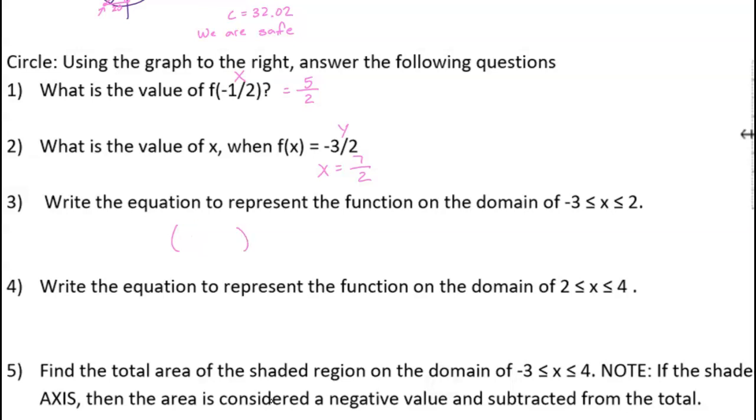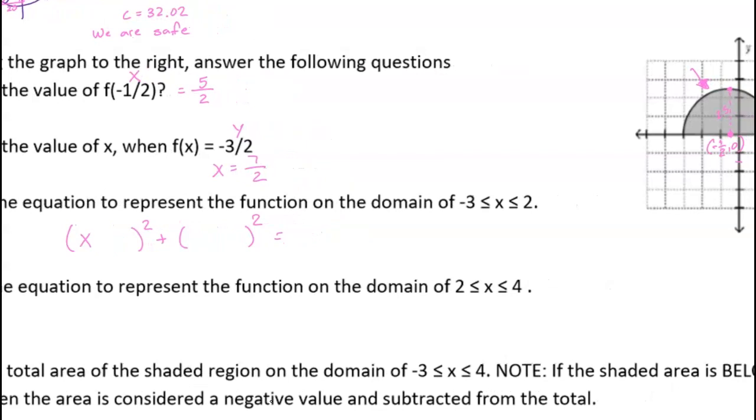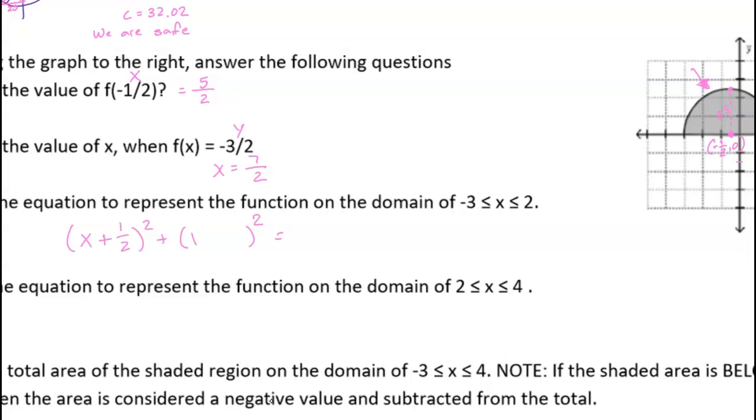Remember, to write an equation of a circle, you have your x value and your y value set equal to the radius squared. So my x is paired with my h, which is the x value of the center, and it's always the opposite. So instead of writing a negative 1/2, I'm going to write plus 1/2. And then my y is paired with my k value of the center point, which is 0.